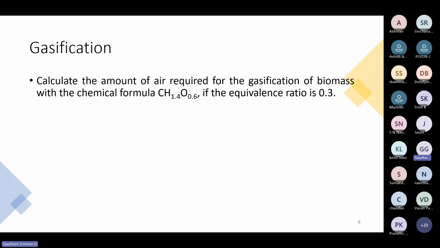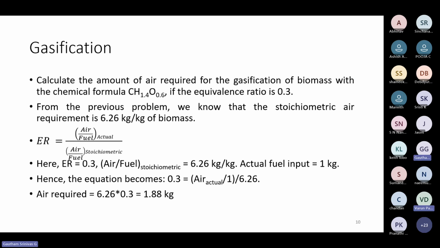So air to fuel actual is, on the top you have the actual input of air. I'll just explain it right here. So air to fuel actual and air to fuel stoichiometric. What is the actual amount of air? That is what we have to calculate. The amount of fuel I've told you to assume to be 1 kg.